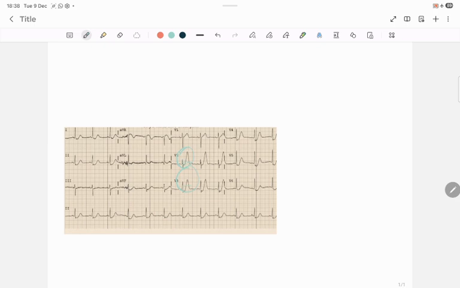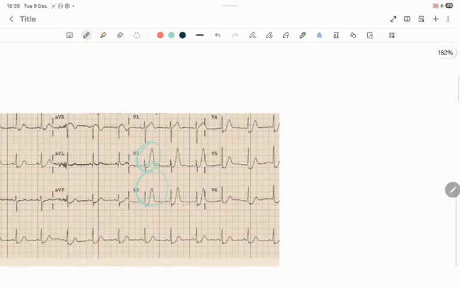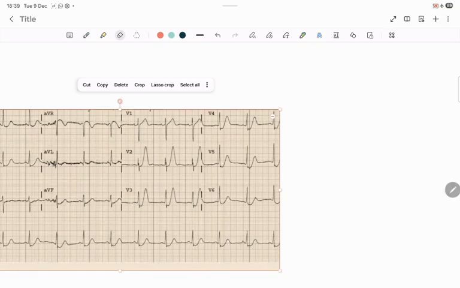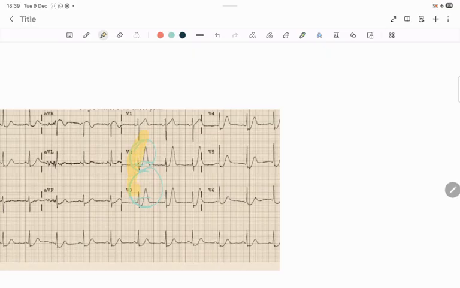And here you can see, if I expand the screen, if you go across your ST segment, your J point is much lower. So there's ST depression and there are these gigantic T waves.